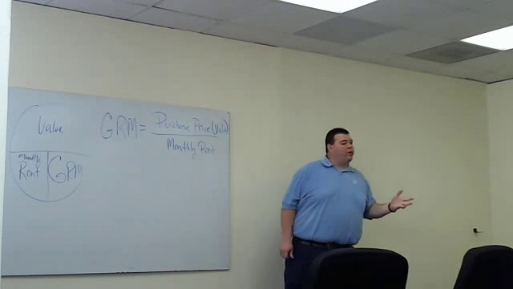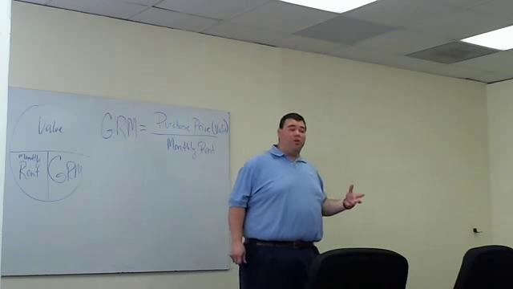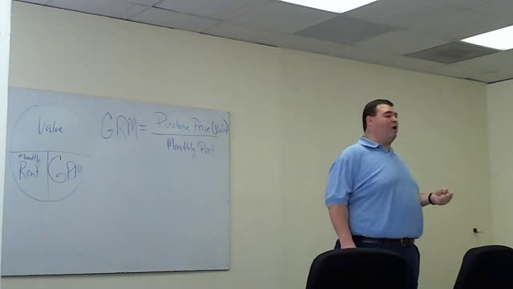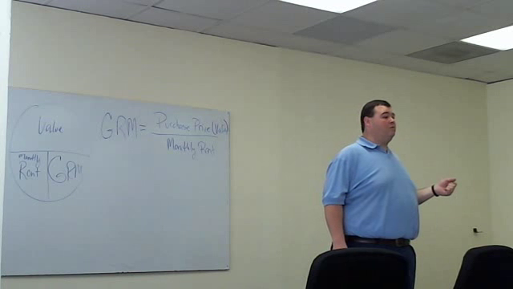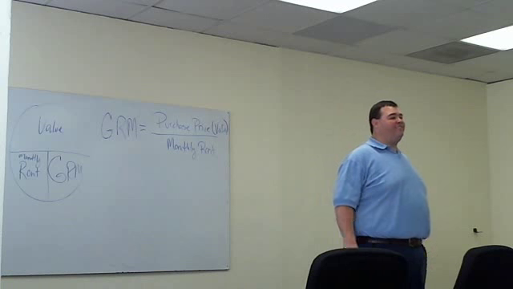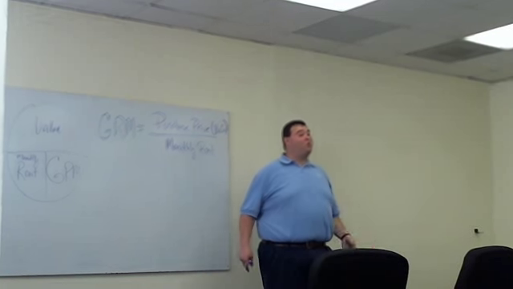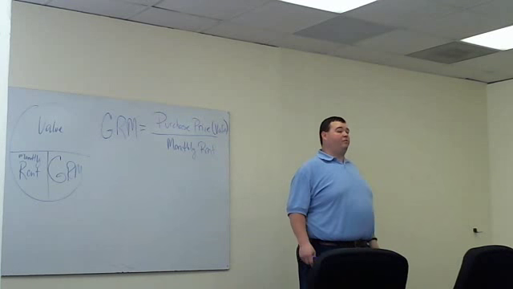If I have a gross rent multiplier of 120, that means at the current rent, it would take me 120 months to get my investment back on this property, which is 10 years, right? Which would be a 10% cap rate. A 10% cap rate and a gross rent multiplier of 120 are the exact same thing, if you want to look at it that way.